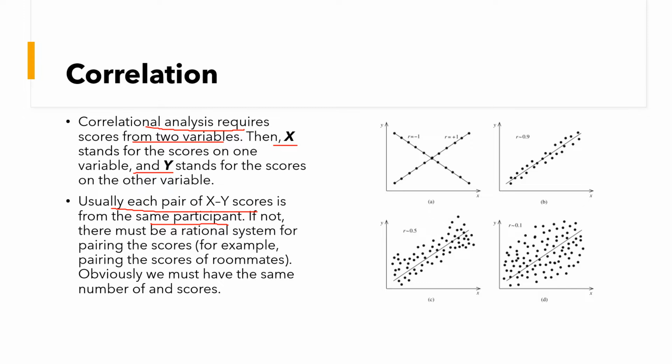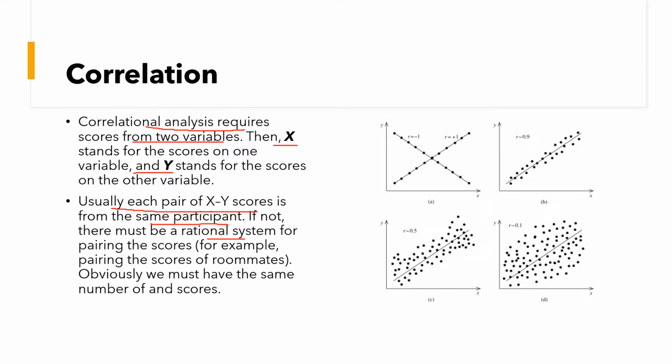Most of the time, or not only most of the time, even 99% of the time, we have scores of the same individuals on two variables x and y. But sometimes it's not always true, sometimes we have different individuals as well. The x variable has different scores and the y variable has different scores. So we still need some rational system for pairing these scores.